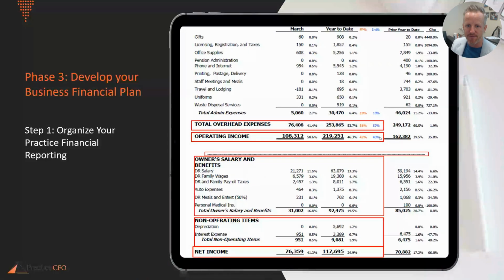And then at the very, very bottom, you get to a number called your net income, and it's double underlined. And the only value in that is for taxes, because that's the number that flows out on your K-1 to your personal tax return, and you pay taxes on that number. That is the structure or hierarchy layout of a healthy profit and loss statement for a dental practice.